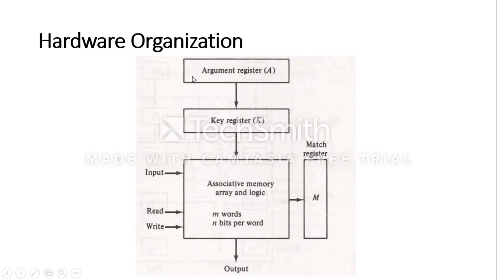As I have said, addresses are not maintained to design an associative memory. That means if you want to perform the read operation, when you want to read something from the stored content, or you want to store something new into the given associative memory, you have to directly specify the content. So that content can be placed in the argument register A.